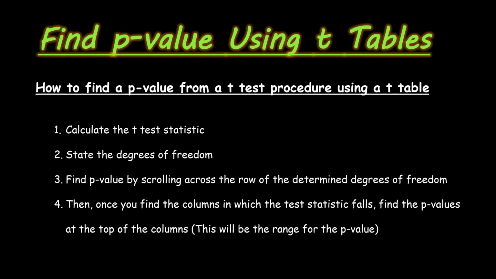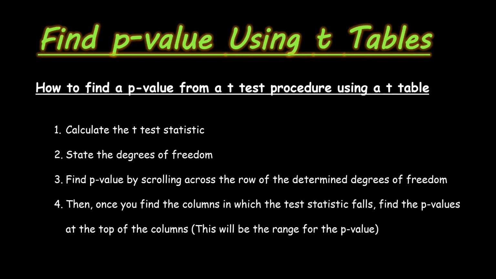The degrees of freedom will be found depending on which type of test you're doing, whether you're doing a one sample t-test or a two sample t-test. It's important to note as we go through this video that if something is said as one sample, one-sided, or one-tailed, or two sample, two-sided, or two-tailed, these words can be used interchangeably.